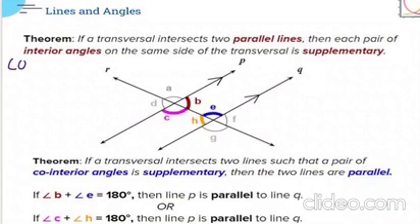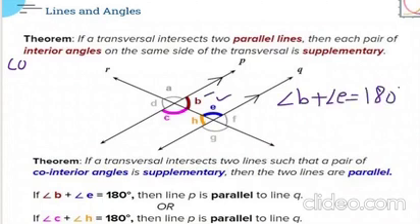That means two angles, let's say B and E, so angle B plus angle E will give me 180 degrees. So co-interior angles always form 180, whereas all the remaining types of angles are equal to one another. Now, the converse of it is, if a transversal intersecting two lines and the pair of co-interior angles are supplementary, then the two lines are parallel. That is the converse.